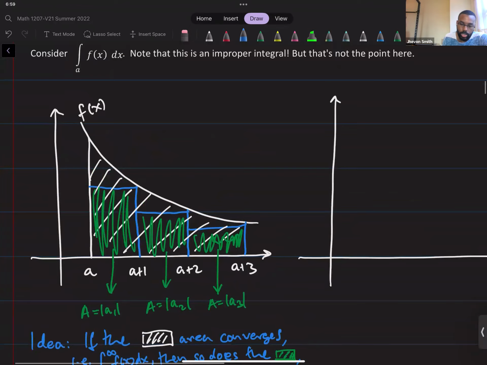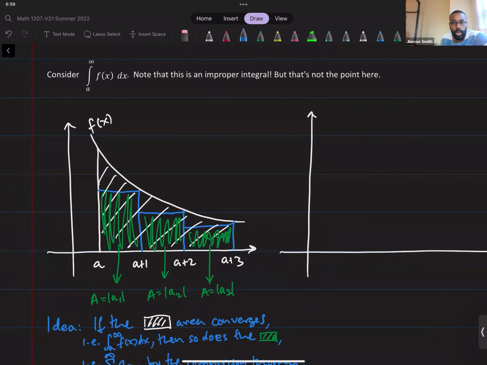And so you see that if the integral converges, the series will also converge.